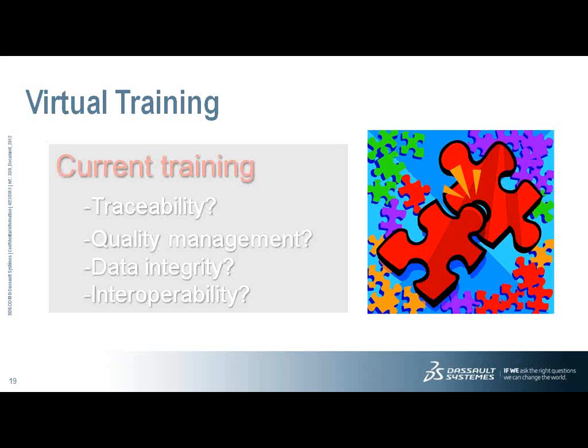I would think in this day and time it's becoming increasingly more important, considering the problem statements that I presented earlier, that data integrity is something you start to look at. And then interoperability, obviously the traceability, I brought that up, is you've already put these systems together.